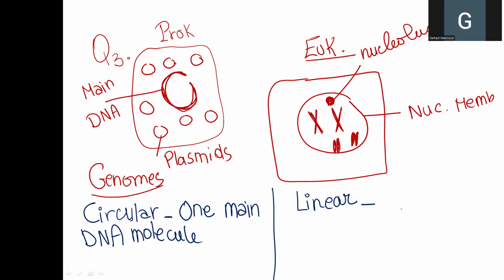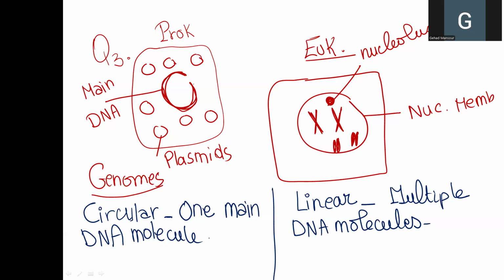But in the eukaryotic genome, we have multiple linear DNA molecules. Of course, the number of those molecules will depend upon the species.